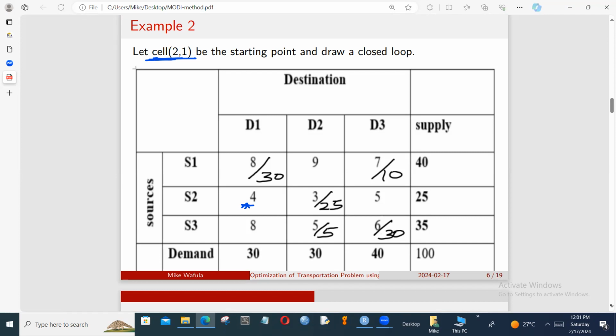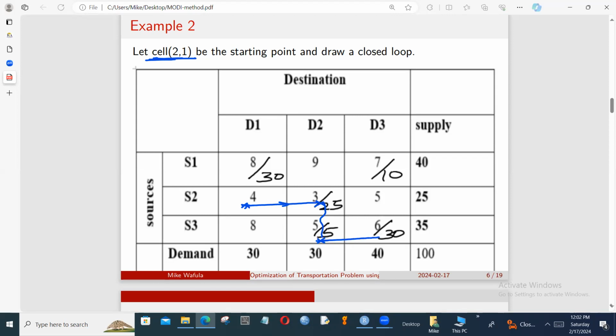So here you have choices. You can either go this way, or you can even go upwards, because the 2 directions have units assigned to them. So if I choose this, I'll come to that cell 22, and that cell 22 gives me a chance to turn. I cannot go horizontally all the way to cell 3. So I can only come down to cell 32, which also has some allocation, and make a turn of 90.